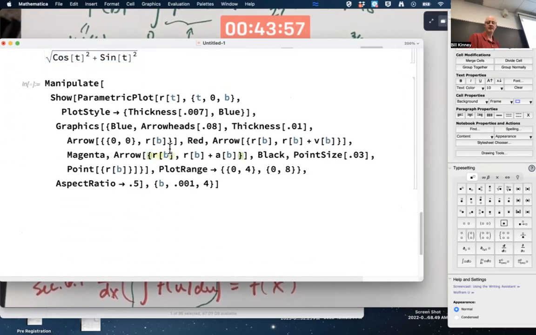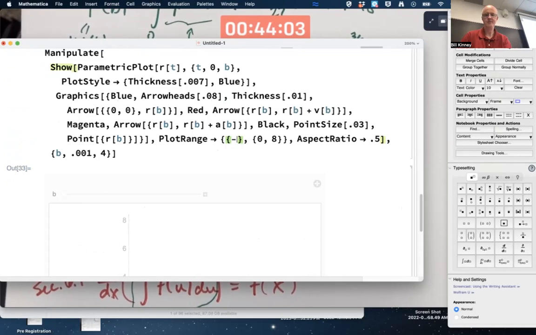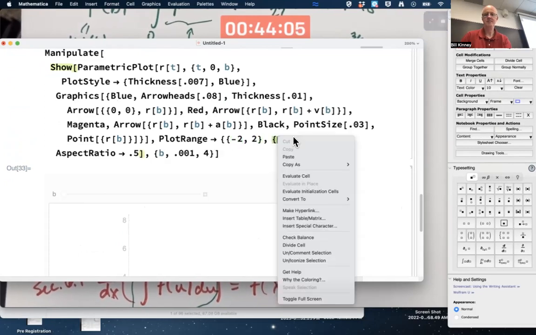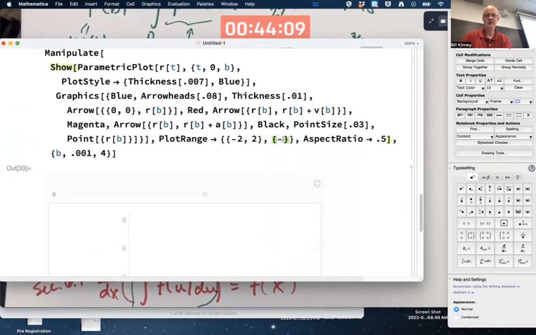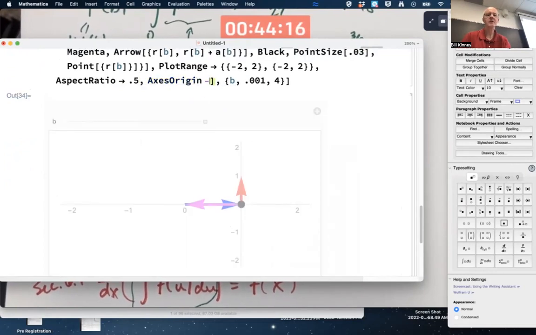If I graph what's going on here, oh, put the origin in the right spot. Axes, origin.